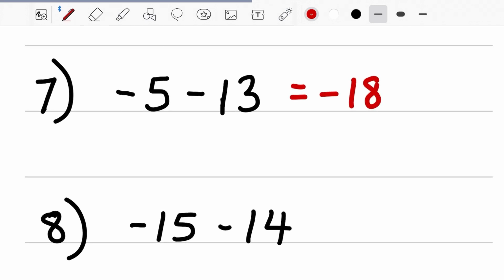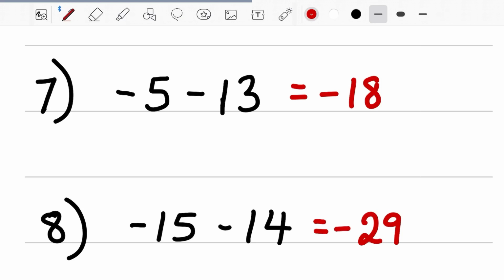For question 8, we have minus 15 minus 14. So again, these signs are the same. We'll ignore the signs for now and add the numbers 15 plus 14, which gives me an answer of 29. And since these numbers are both negative numbers, the sign of your answer is also negative.